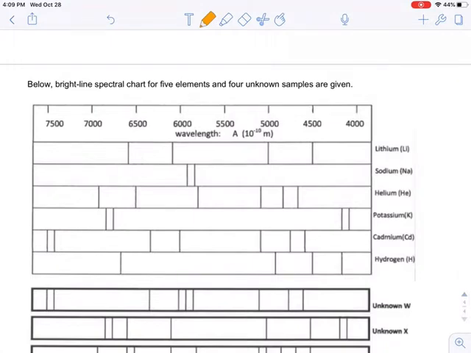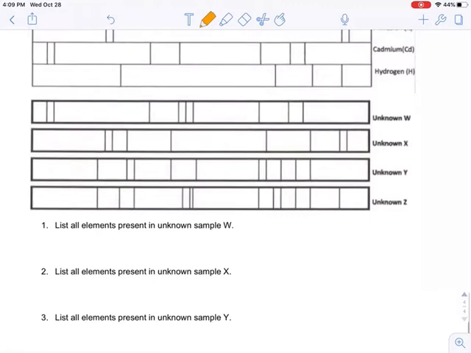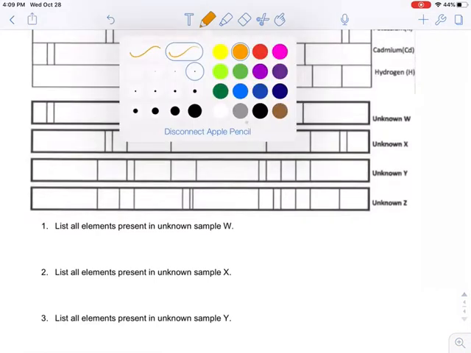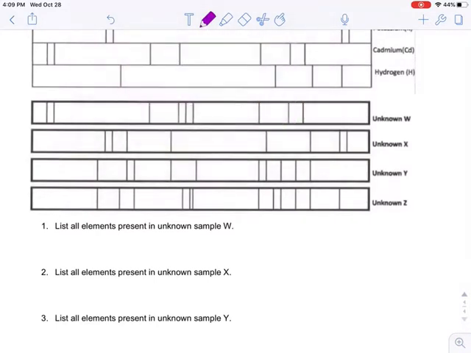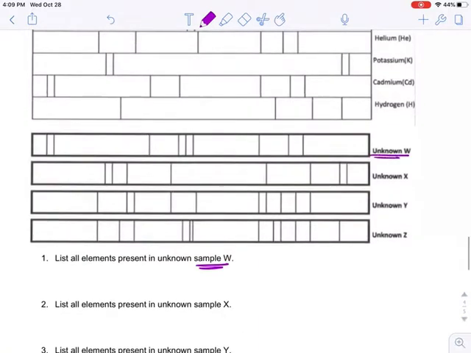Now here we're going to do something similar, except that we're going to have a lot more unknowns. So this is just additional practice. So we're going to look at sample W first. Unknown W is right here.